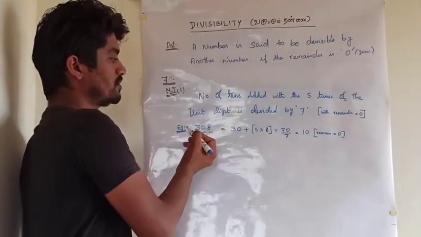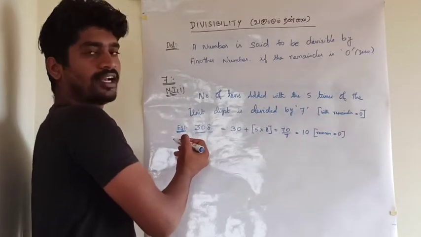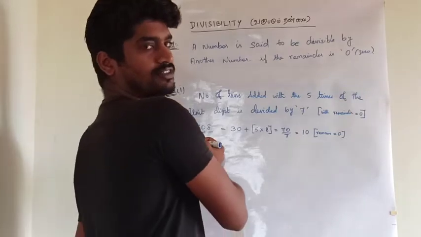So 308 is completely divisible by 7, and it satisfies the divisibility rule for 7.